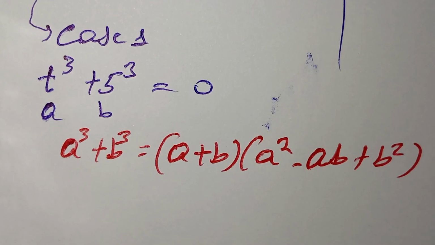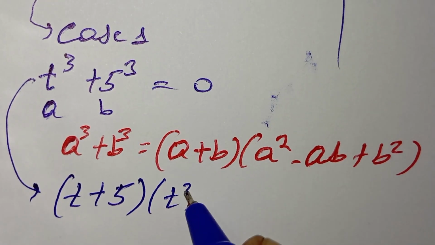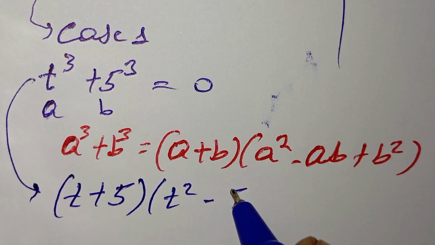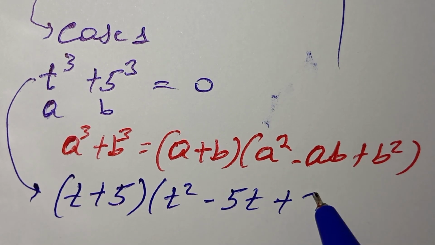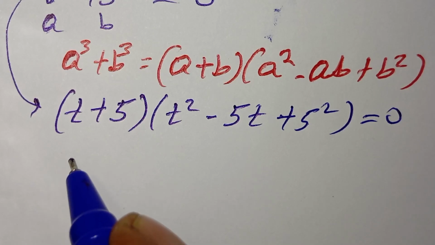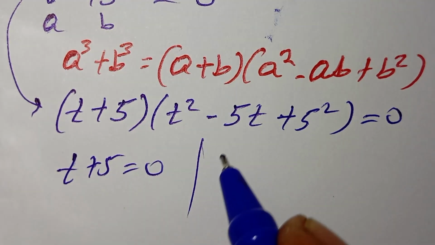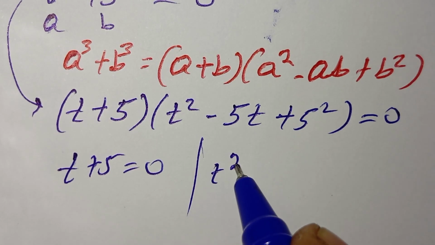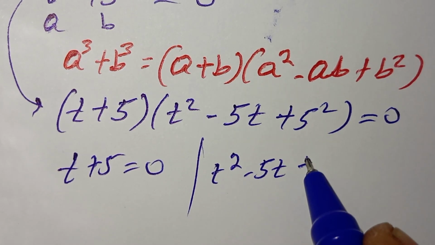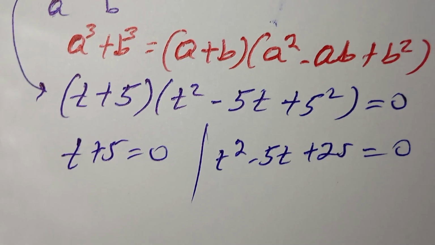So based on this part, t plus 5 times t square minus 5t plus 5 square is equal to 0. This is same as t plus 5 is equal to 0, or t square minus 5t plus 25, 5 square, is equal to 0.